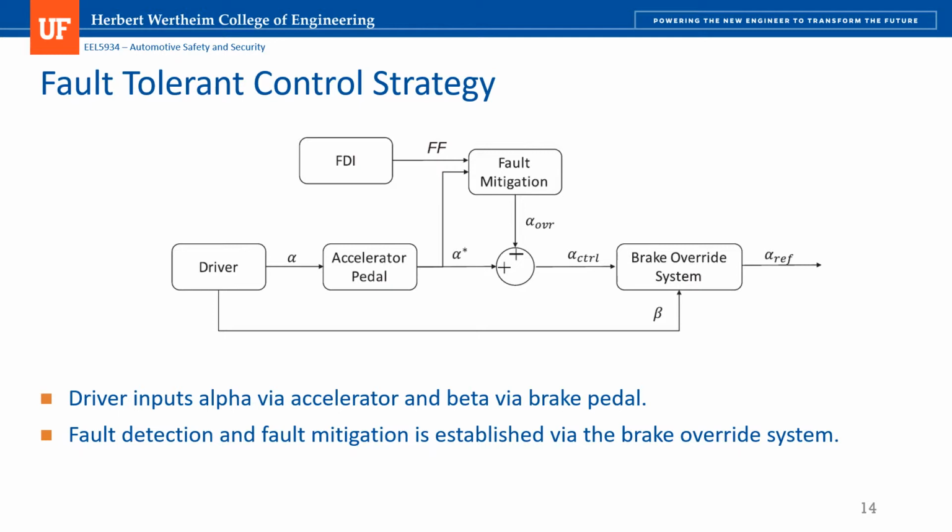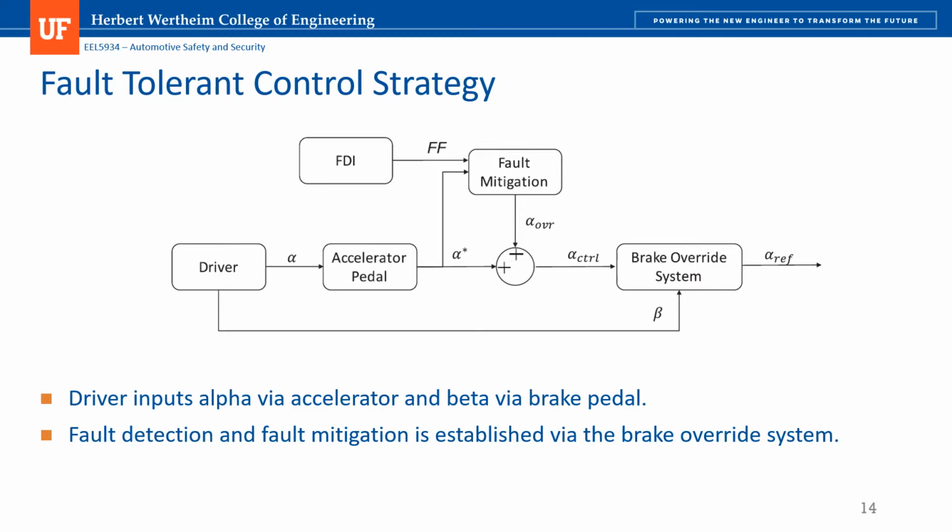As I mentioned, the brake override system that they assumed was disabled, they're now offering as the control strategy for the system. As you can see, you've got an input box here, which is the driver, and he's inputting the alpha, which is the accelerator, and the beta, which is the brake pedal.